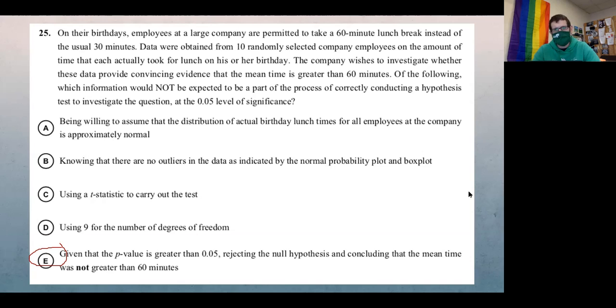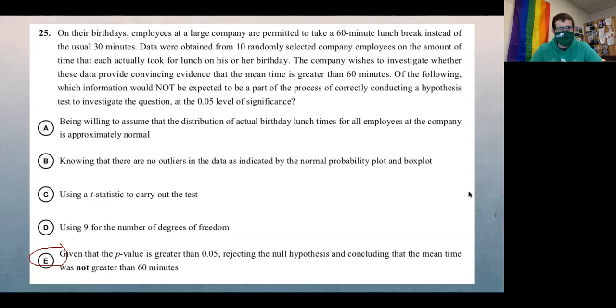Okay, birthday lunch times, because birthdays themselves are uniformly distributed, but birthday lunch times, yeah, let's assume there's a normal distribution. Knowing that there are no outliers in the data, we don't want to have outliers because that can throw out the standard deviation or the standard error in this case, and that can just throw off all of our calculations. So no outliers, that's good. We do want to assume that.